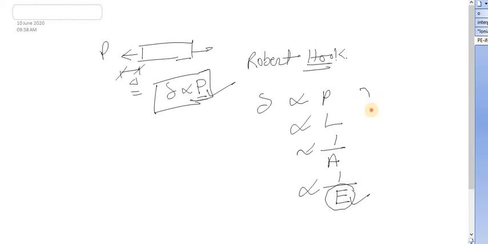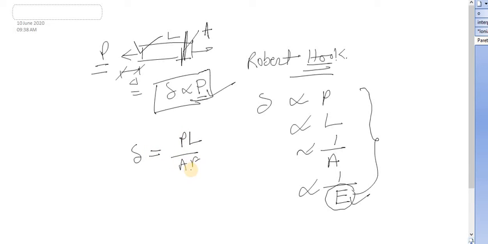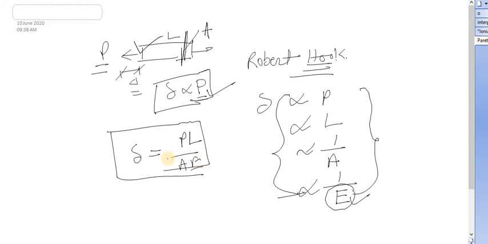If you combine the theories stated by Mr. Hooke, the deflection under any load on a material or body whose length is L and cross-sectional area is A is PL by AE. I am simply combining all these relations. So this is Hooke's law, or the deflection can be expressed by this formula.